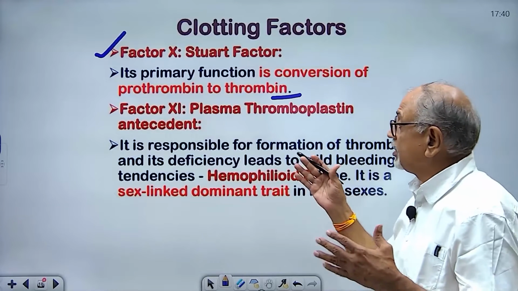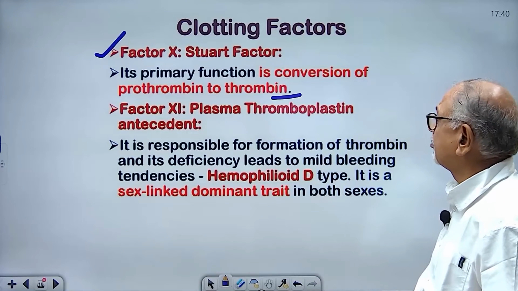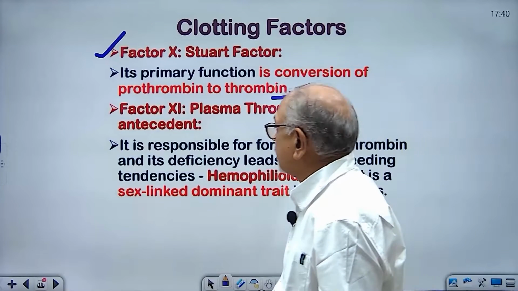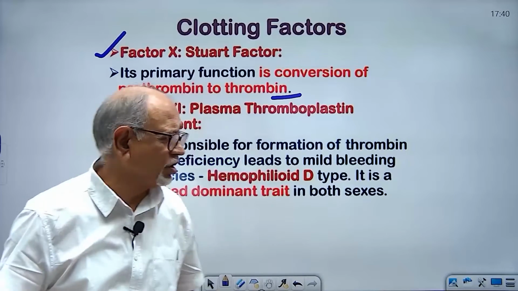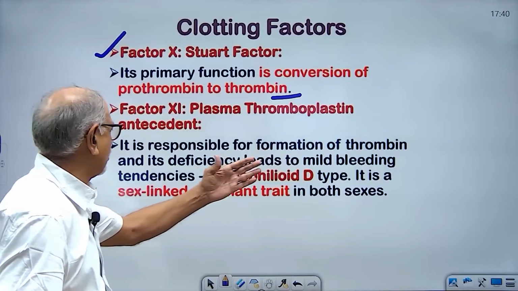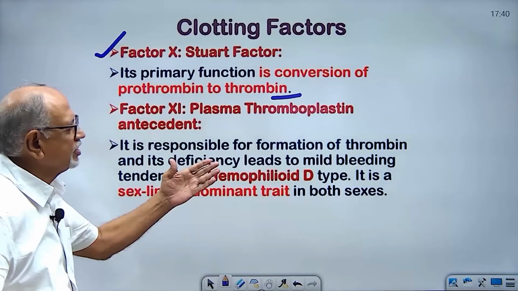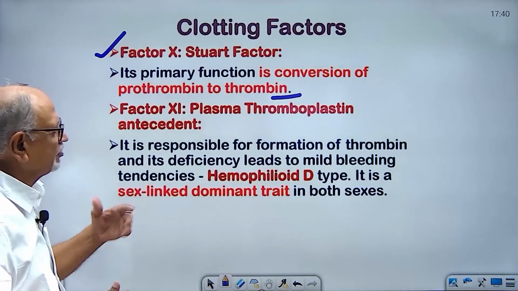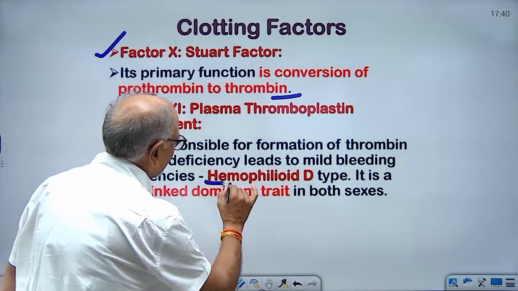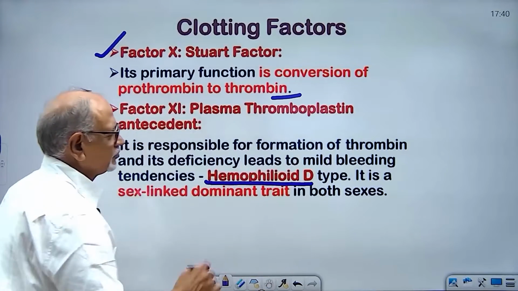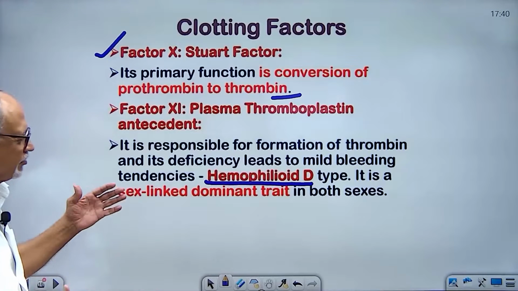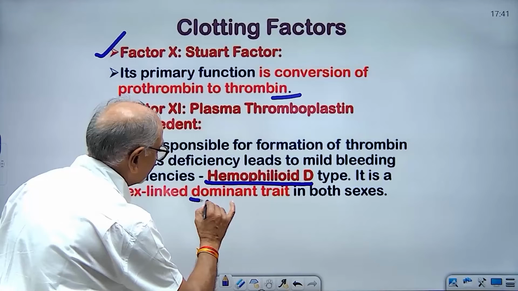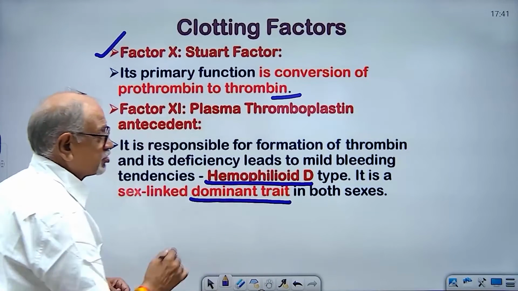Then factor number 11 is called plasma thromboplastin antecedent. It is responsible for formation of thrombin, and its deficiency leads to mild bleeding tendency, which occurs in case of Hemophilia C. This is also a sex-linked disease, but here this disease is of dominant nature.